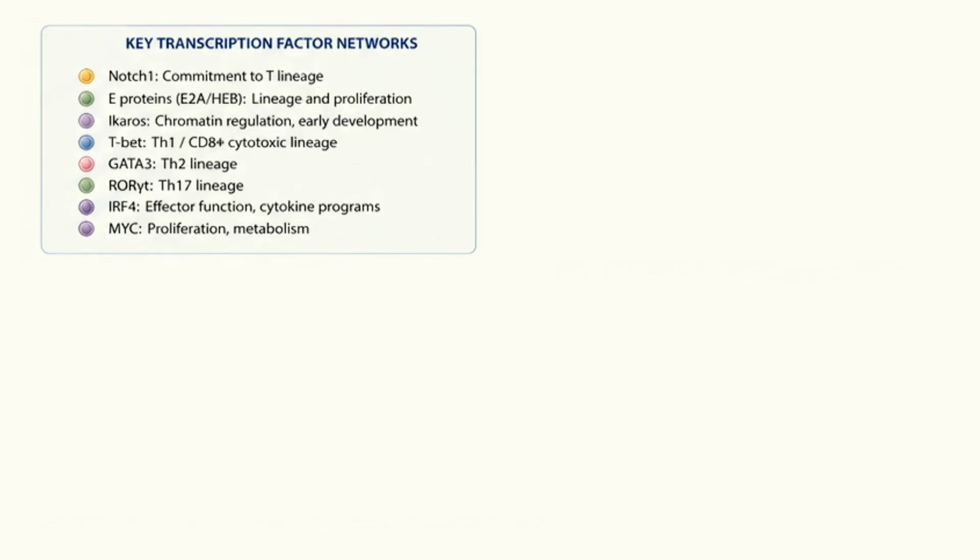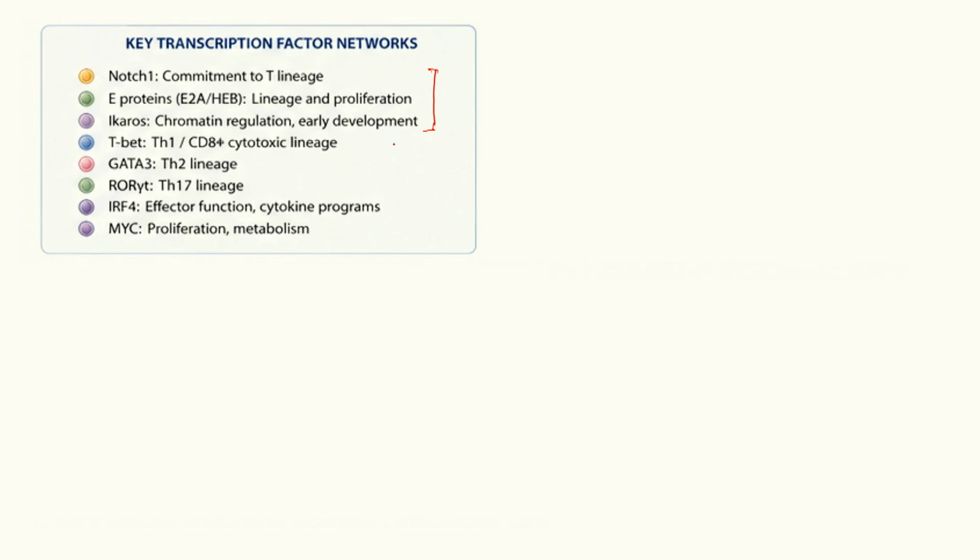Finally, we looked into the different transcription factors and regulation of T cells. Let's summarize that in one slide. We could see that Notch1, E protein and Ikaros are controlling the transcription at the thymic, central level.